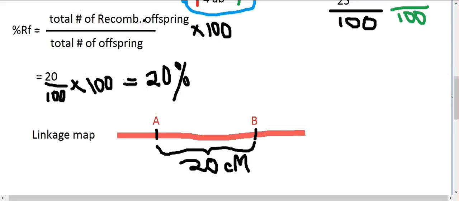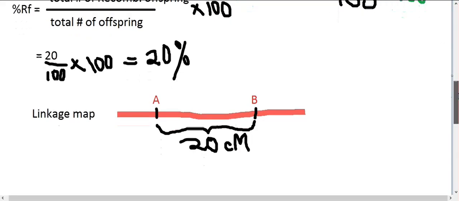So you take that over the total number of offspring, and you get this linkage map. You get 20 centimorgans, or you could also say 20 LMU, which is linkage map units. So 20 linkage map units or 20 centimorgans, they're all the same thing.